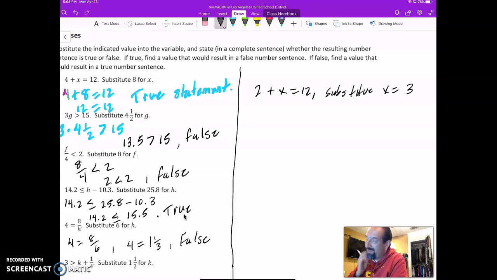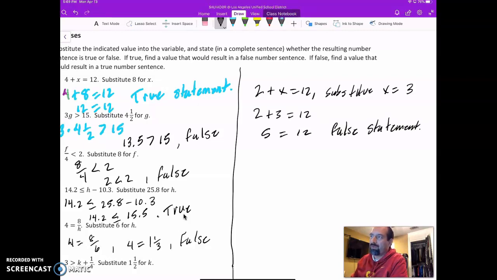Is that a false or true statement? So in this case, if you do 2 plus 3 equals 12, 5 equals 12, is this true or false? Well, this is false, okay? False statement. So what you have to do is tell me whether that statement is true or false, okay? And so you will go down the line.